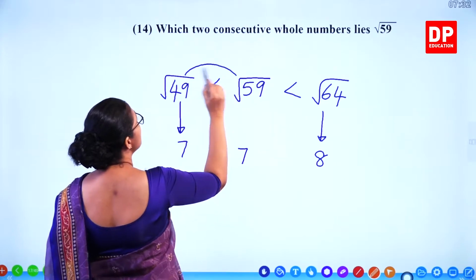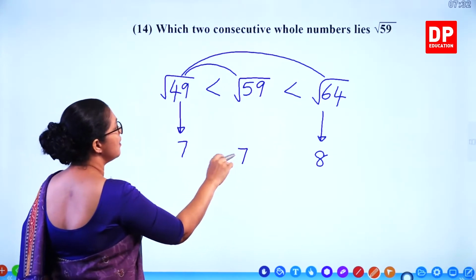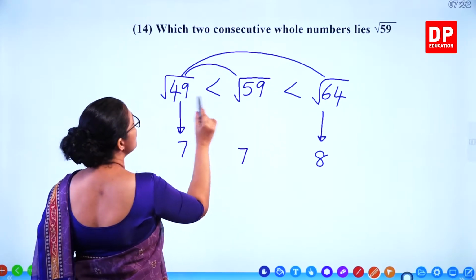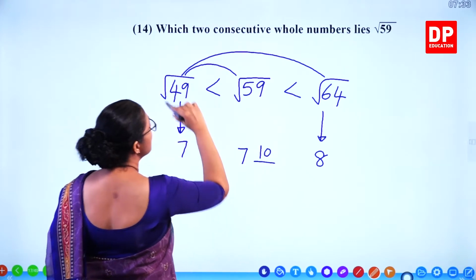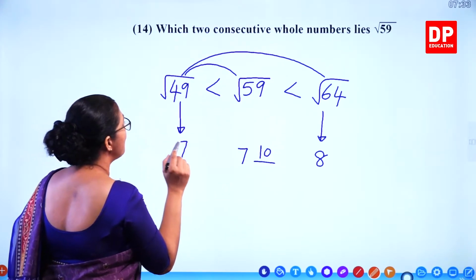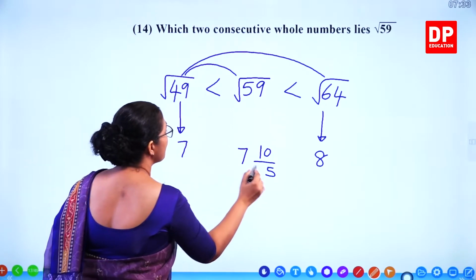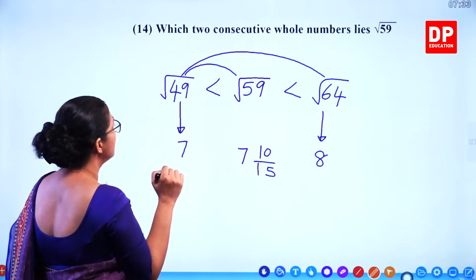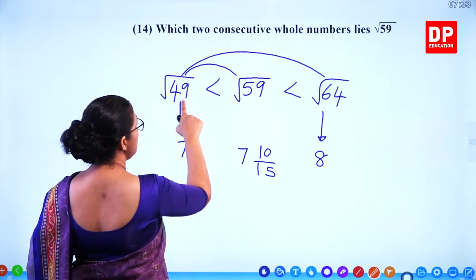So you know how to get the approximated value. You take the difference here, difference here. You don't need this one here, but I'm just explaining. You take the difference here, that's 10. What's the difference here? 15. So 9 plus 5, 14.